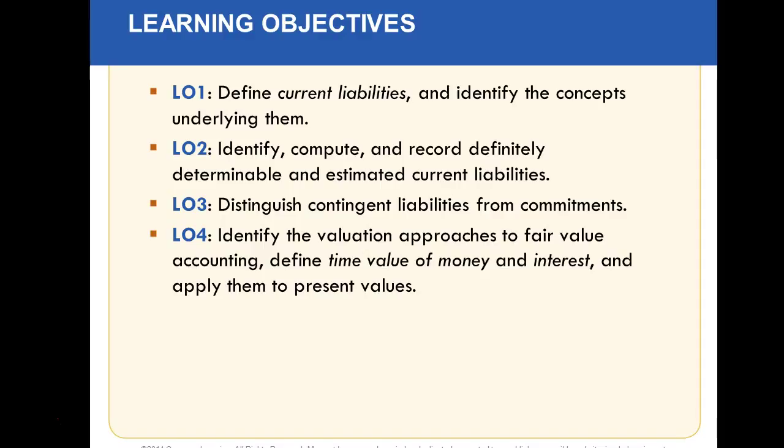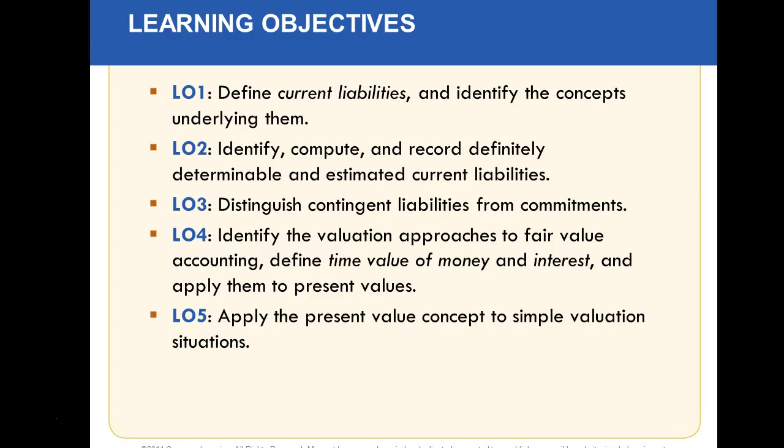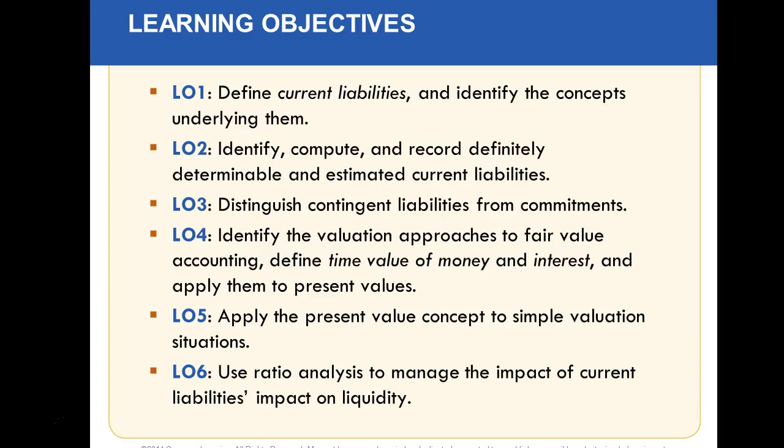So $1,000 in 10 years from now is worth less than $1,000 today. So we're going to talk about that. And then we're going to do some exercises that relate to using these present value tables and how we calculate, based on interest rates, what that $1,000 in 10 years is really worth today on our books.